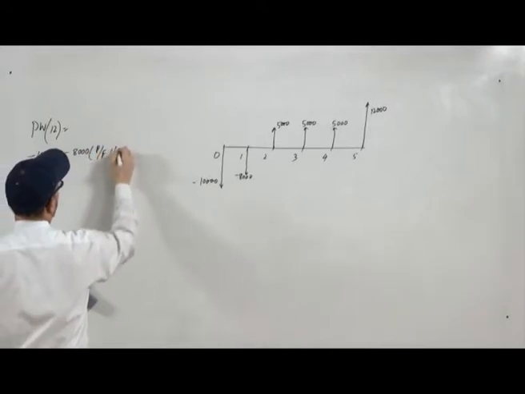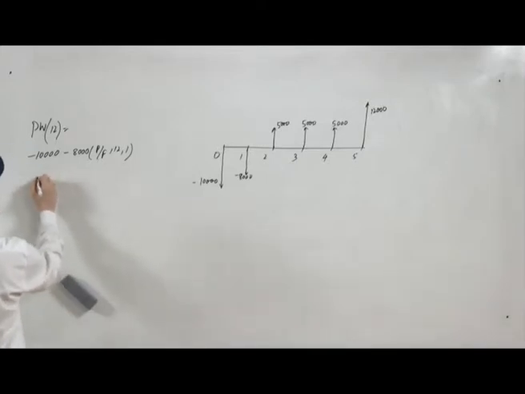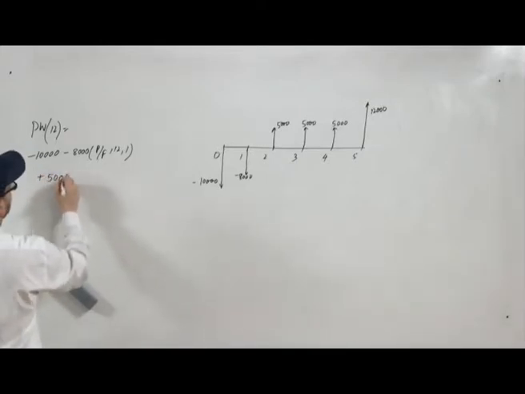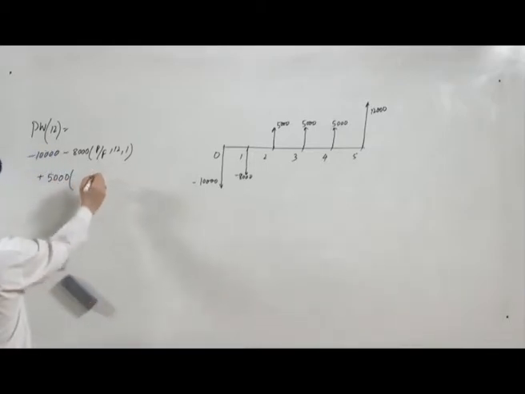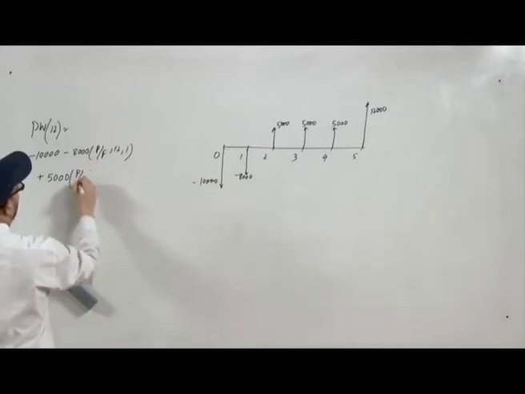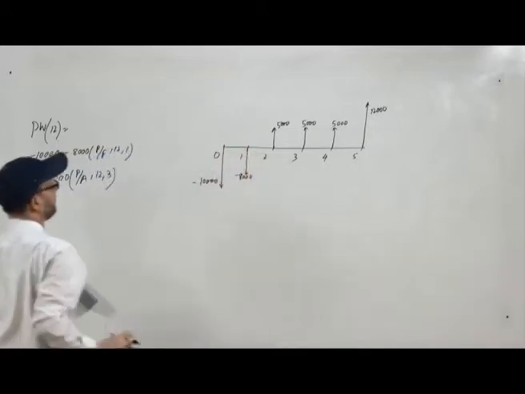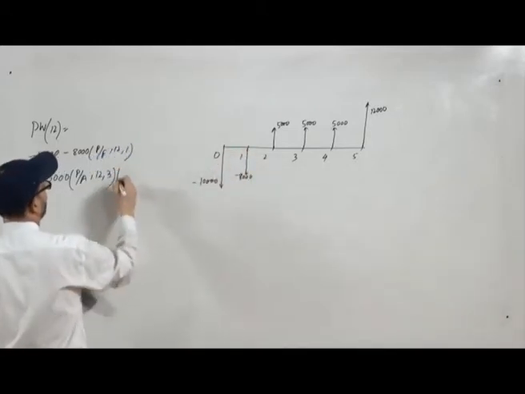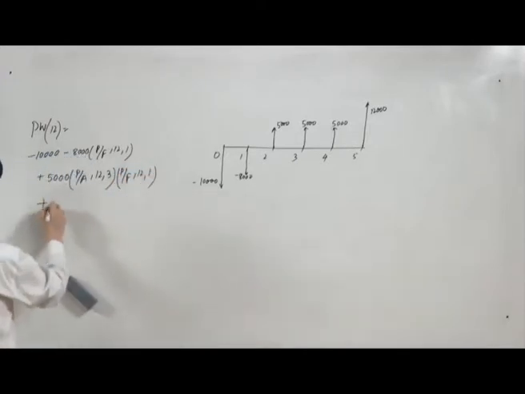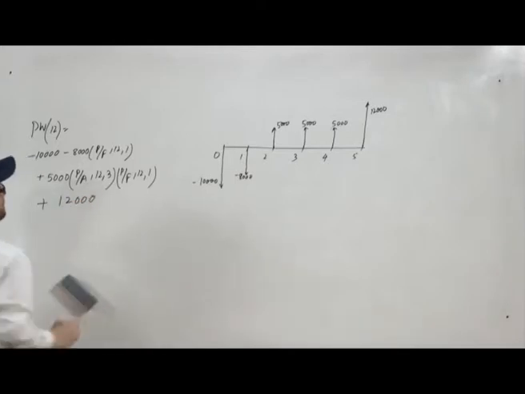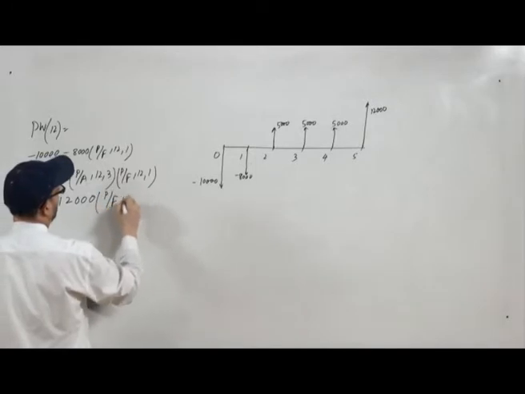P by F 12 1 plus 5,000 P by A 12 3, that will be defined here, multiplied by P by F 12 1 plus 12,000 multiplied by P by F 12 5.